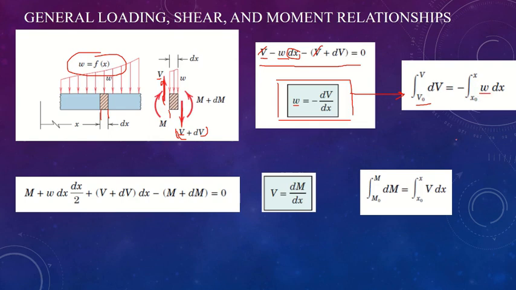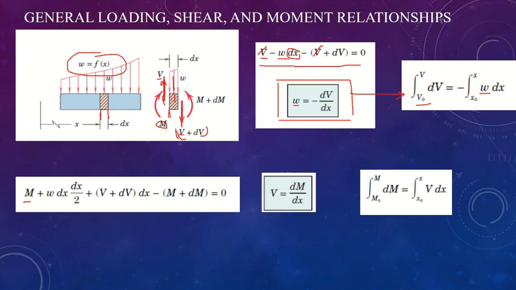Again, starting from the far left side, we will have the moment M acting clockwise, and assuming this is the positive side, we have the force W dx, the concentrated force of W dx acting at the center. The distance from the far left is dx by 2.